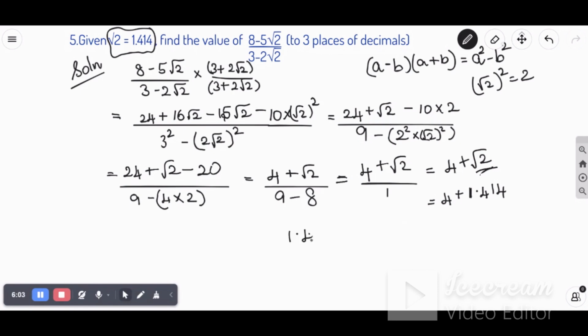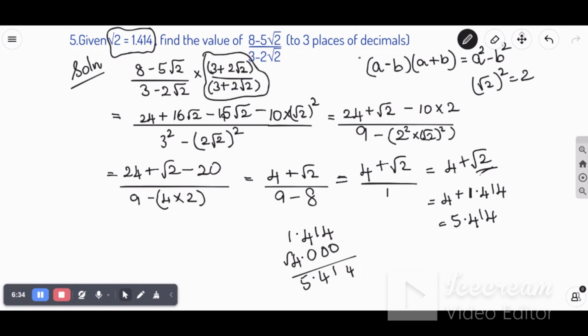If you have any confusions, write it like this: 1.414 plus 4, and you have to write the 4 here, because 4 is 4 point 0 0 0. If you write it the other way, that is a mistake, so don't do that. Now that will be 4, 1, 4 and 5, so your answer will be 5.414.